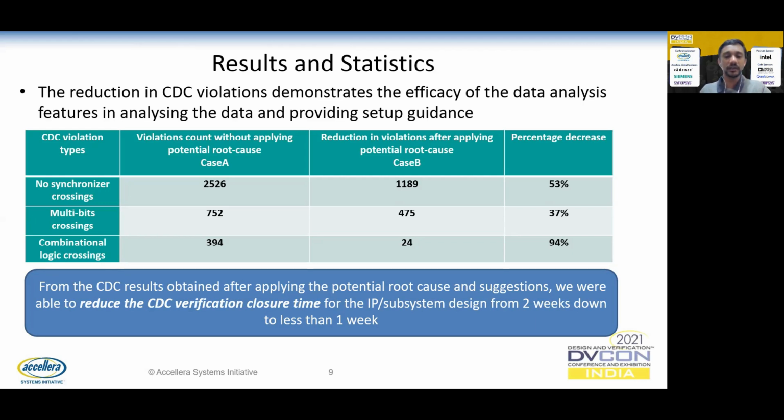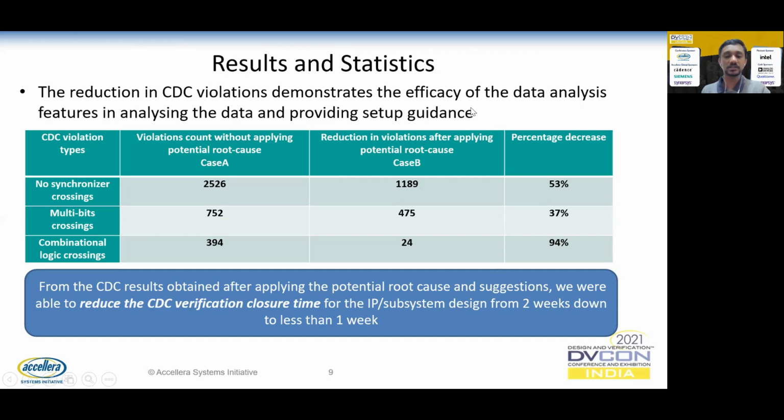For no synchronizer violations, we see a percentage decrease of 53% in the violation count from 2,526 crossings to 1,189 crossings with the utilization of supervised data mining suggestions.